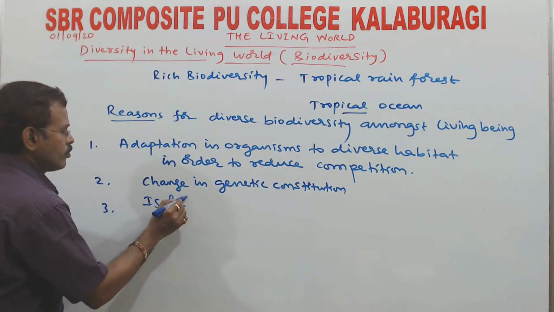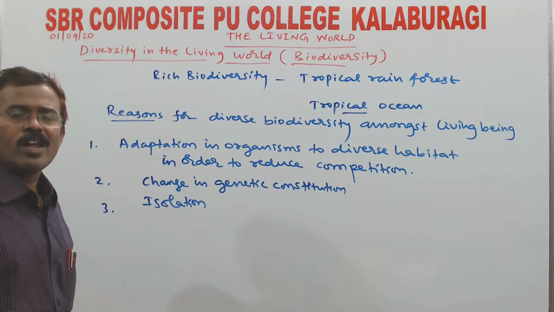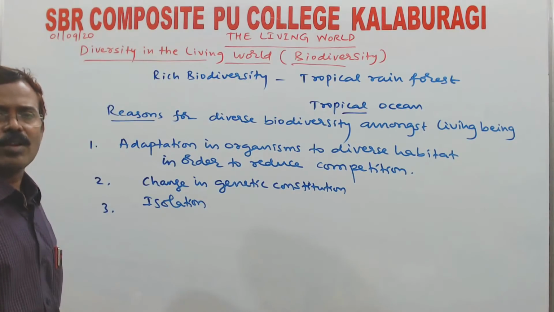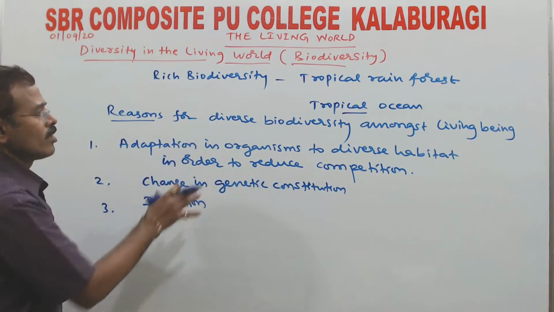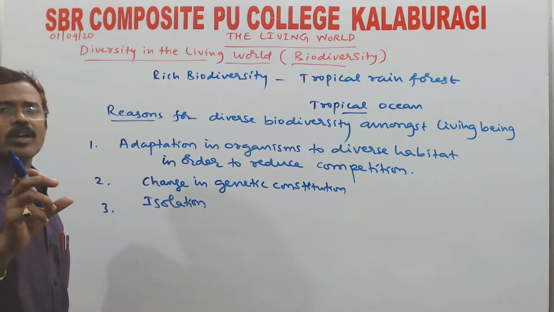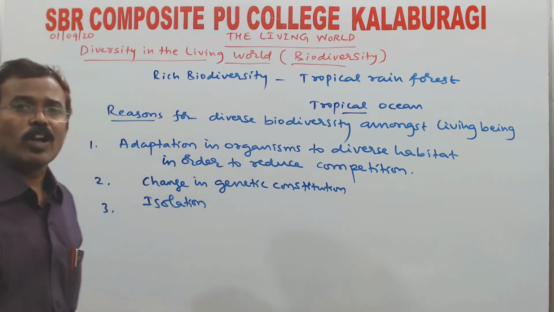Isolation: some of the species are reproductively isolated so that they can produce fertile young ones in a particular habitat. So these are the reasons for the rich species biodiversity among the living beings.